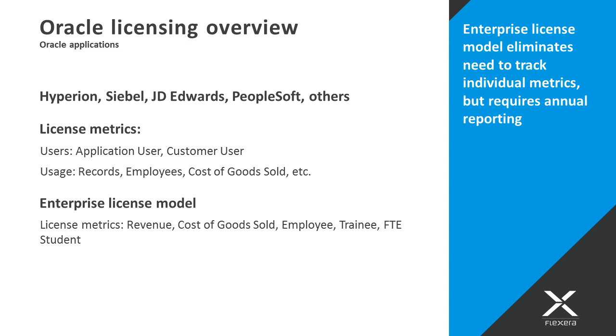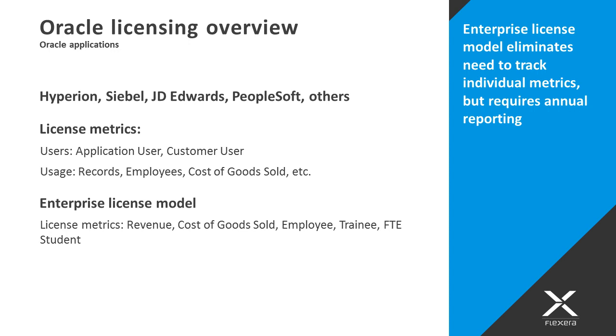If we look at other applications, be it Hyperion, Siebel, and a number of others, they do have different metrics. A lot of them will use users or usage-based metrics. And in many of these tools, one of the potential ways to license the application may be the enterprise license model.